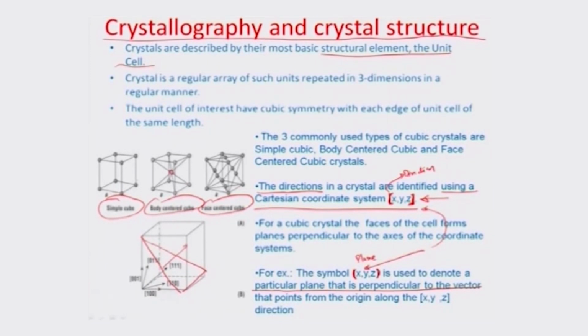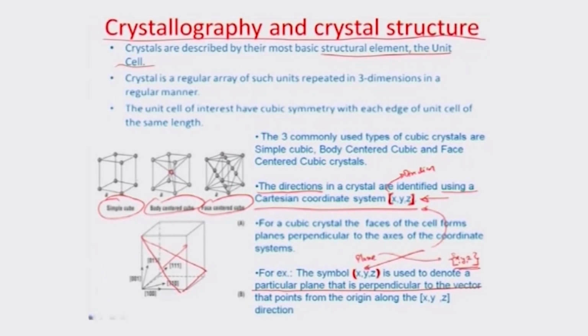And then of course a set of such planes are represented by these curly brackets, meaning all planes of type round bracket xyz are represented by the curly bracket xyz. So that is a sort of nomenclature which you use for identifying silicon as such.